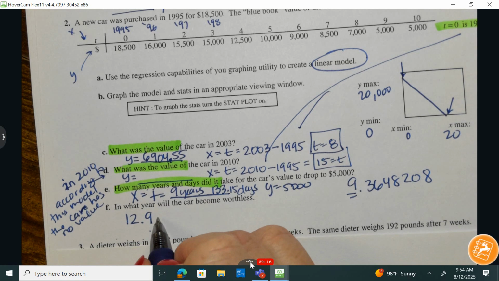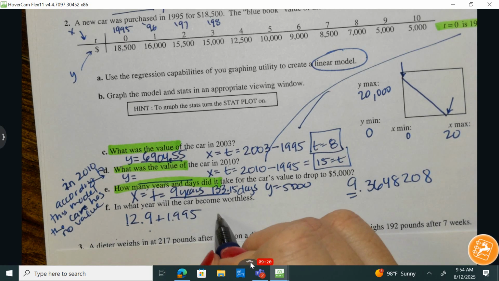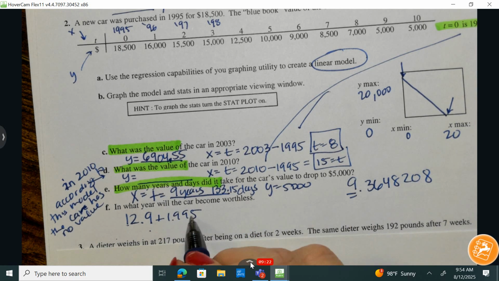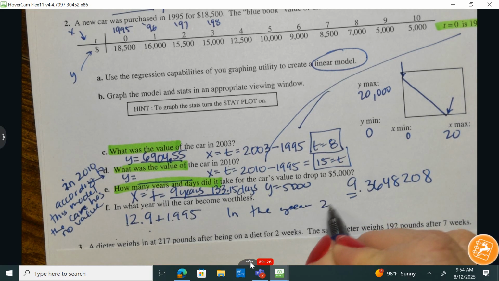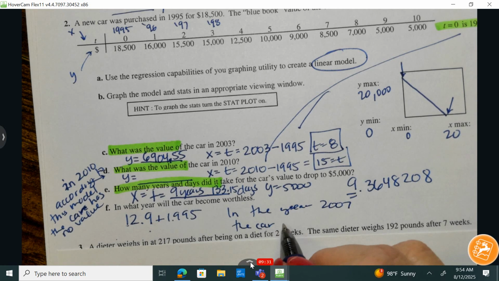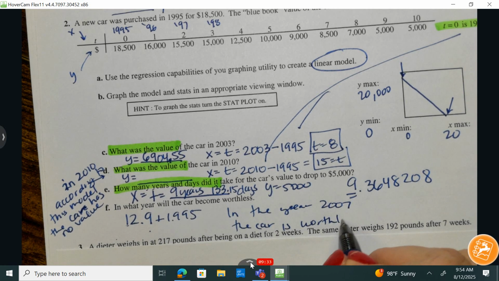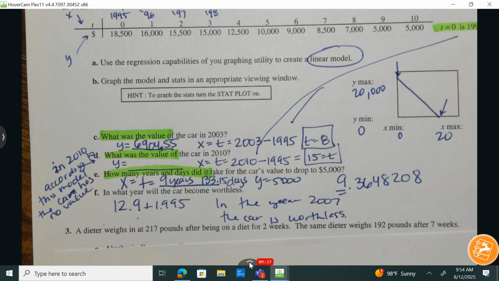So if I take this and I add it on to when the car was brand new, I would say what? Don't round up. If I add 12 to this, in the year 2007, the car is worthless. Yes, you have to write a sentence.